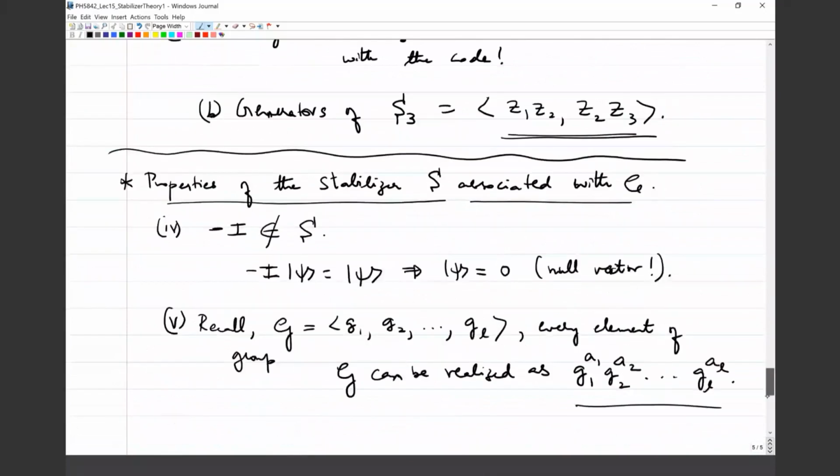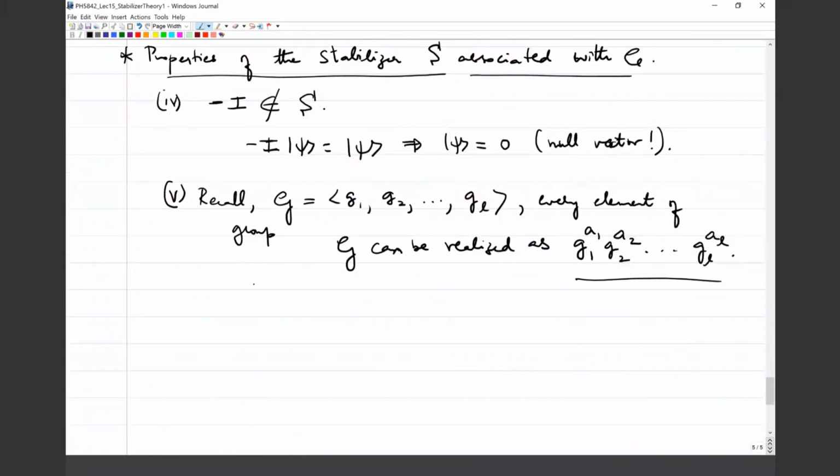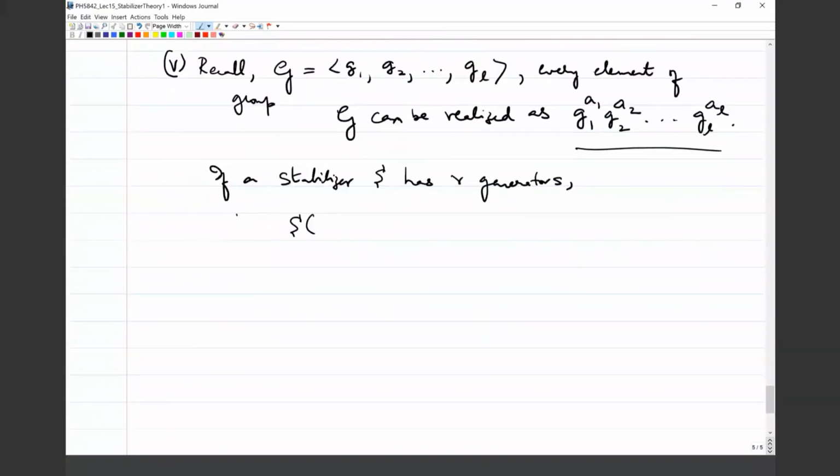So now, if a stabilizer group has R generators, so what I mean is I have some stabilizer group associated with the code space C. Note that when I write down these angle brackets, that denotes generators, right?